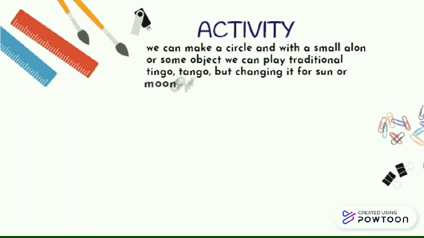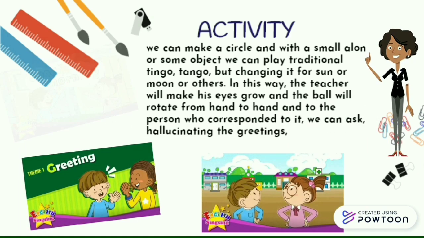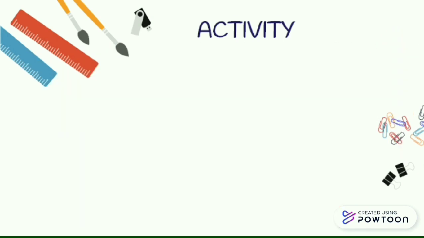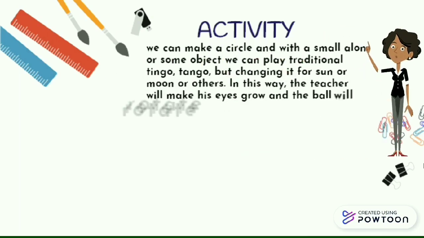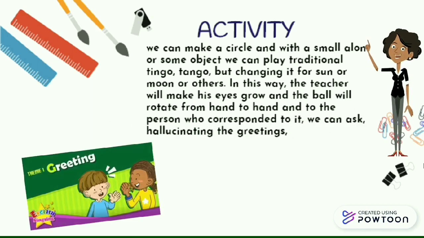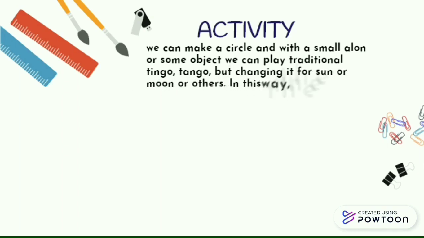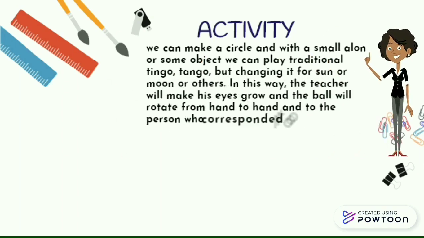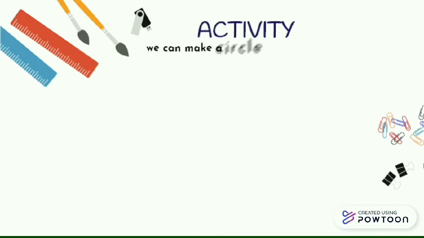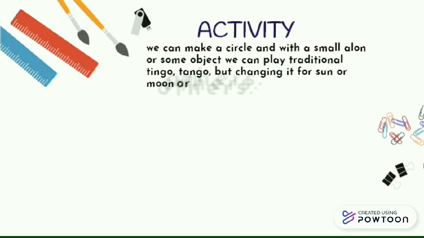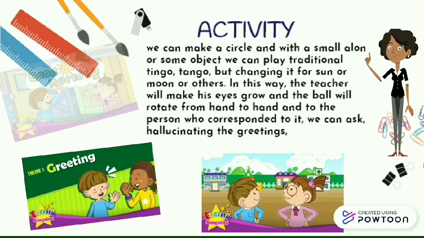In this way, the teacher will close his eyes and the ball will rotate from hand to hand, and to the person it lands on we can ask and say a verb or speak about the grammar, like what is important to say hello, or how do you say good morning, how do you say goodbye to someone, among others.